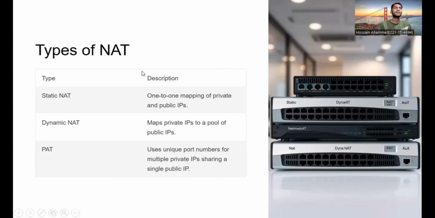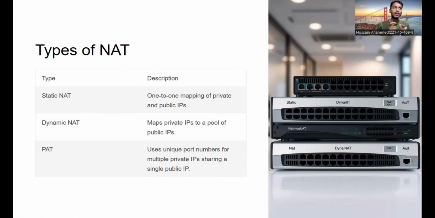Here I mentioned some types of network address translation: static NAT, dynamic NAT, and the third one is PAT, that means port address translation. What is static NAT, or static network address translation?